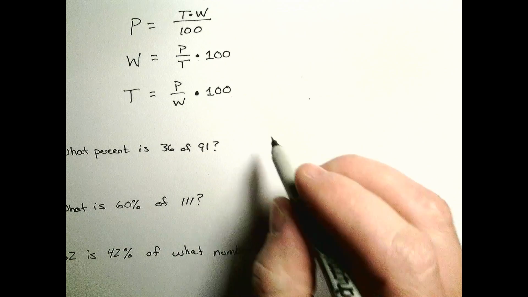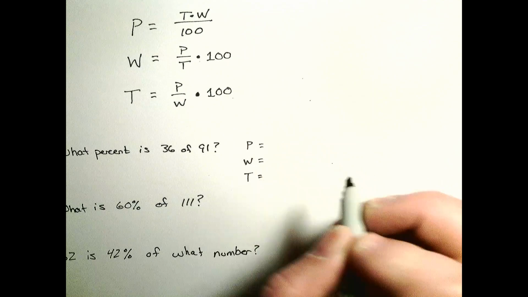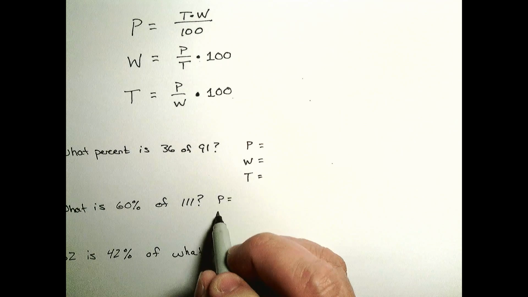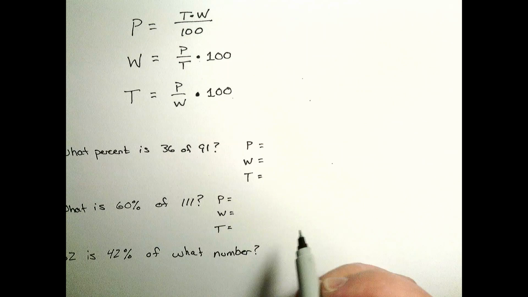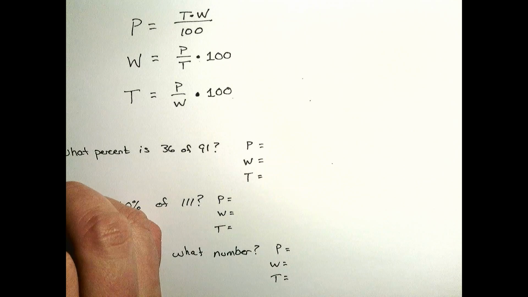Okay, so for each one of these, we're going to have a P equals, W equals, T equals. Let's start with this first problem.